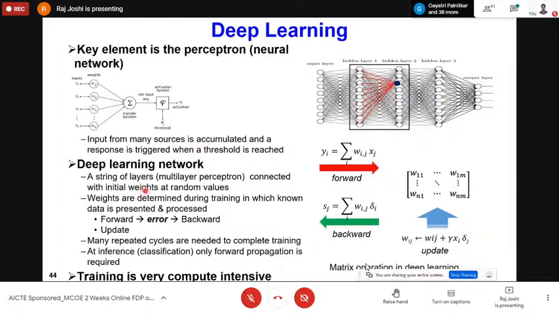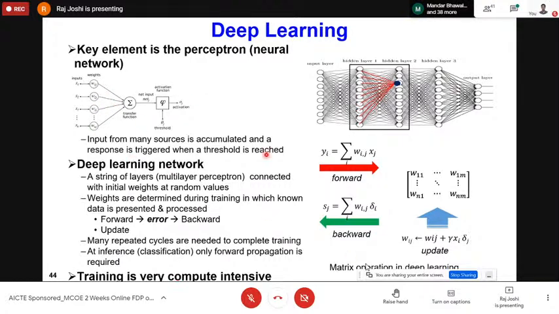In the deep learning network, the weights are determined during training. This is the forward path, which I mentioned here. In the backward path, you do similar things, but you use the error delta between the weights and the accuracy of your model, and utilizing that gradient, you update your weights, which are here.